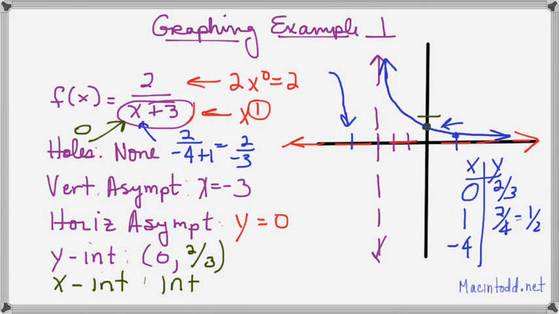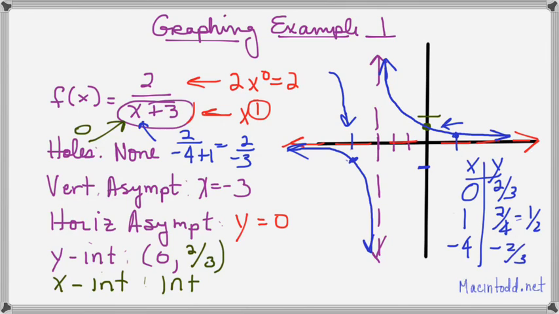So -4 gives me -2. Hmm, I marked my 1, so it's going to go right through about, maybe not quite that point. Somewhere down there like this. And my asymptotes again tell me that it's going to sit in there, just like that. And that's what your graph would look like.